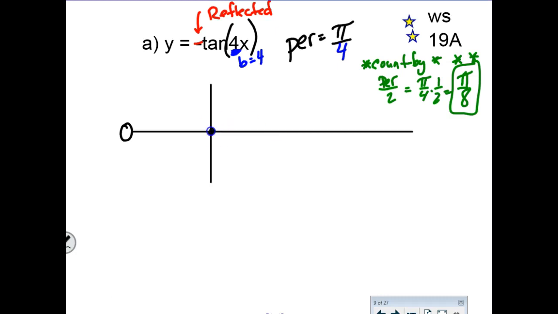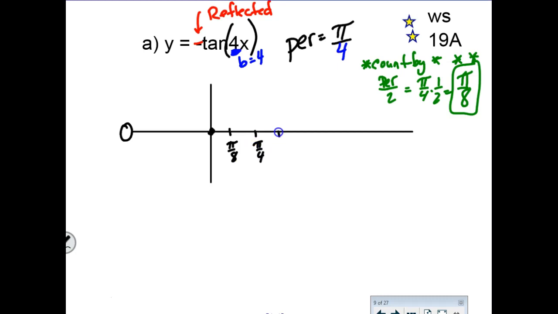We already know there's one at 0. The other thing that you need to help me with is figuring out additional intercepts and all the asymptotes. So I know I'm supposed to count by pi over 8. So count with me, children. Pi over 8. What would be 2 pi over 8? Good, pi over 4.